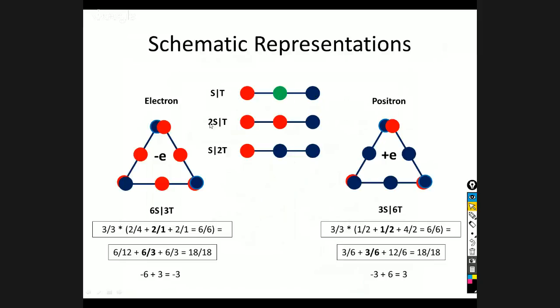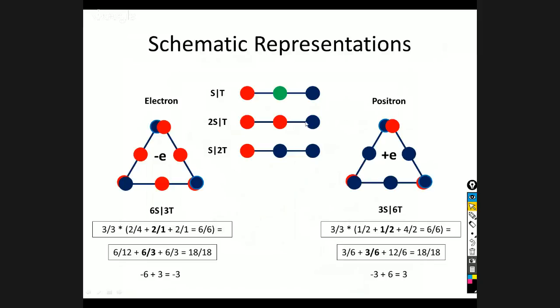But if there are more S's than T's, then it's colored red. And if there are more T's than S's, it's colored blue. All right. So we can combine these for photons and bosons and so on, and you have to go back to our last lecture to see how that works. But our point here is to see how the formula changes now when in this configuration we get 3 of the 2S to 1T.